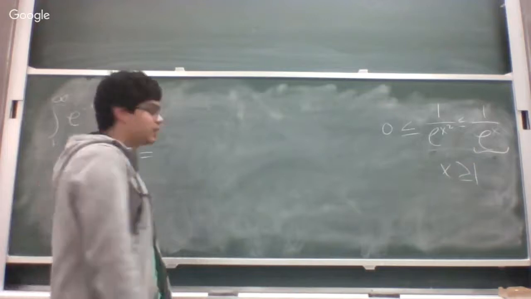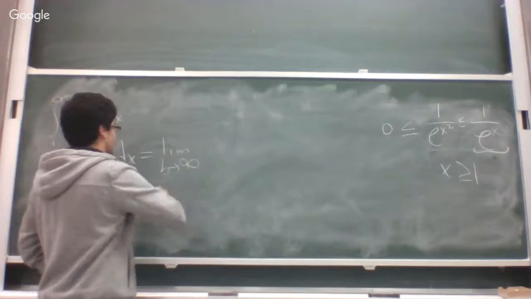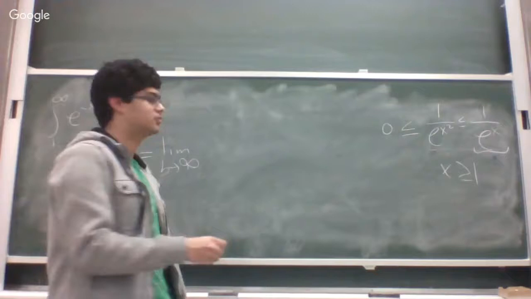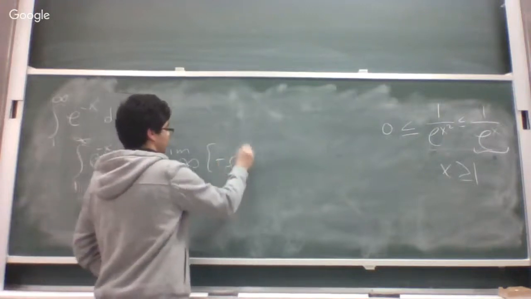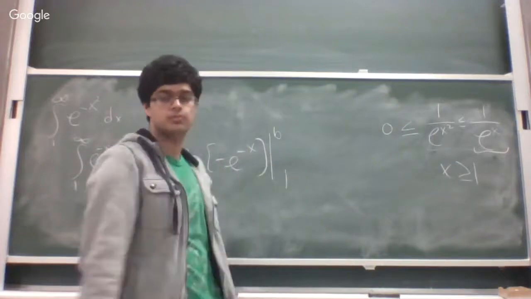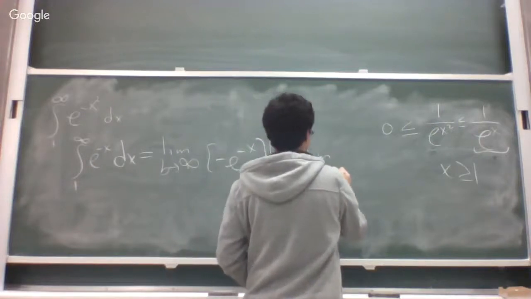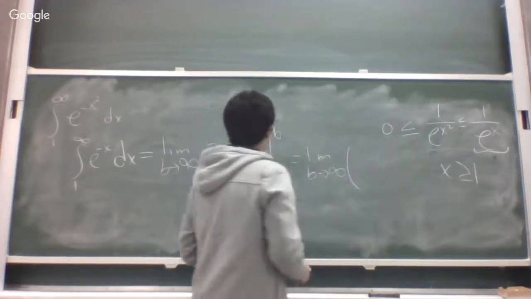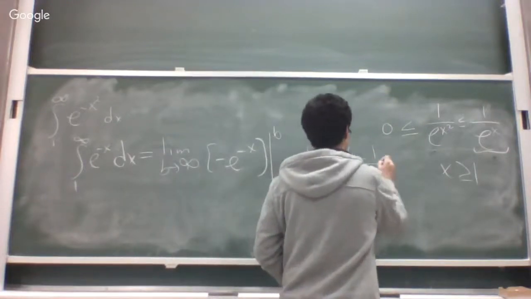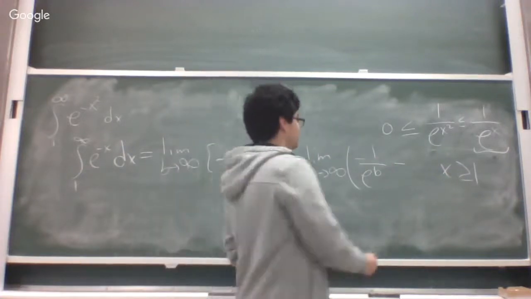That's equal to the limit as b approaches infinity. You have to remember it's improper. What's the integral of e to the minus x from 1 to b? That's equal to the limit as b approaches infinity of negative 1 over e to the b, minus, but then we add, 1 over e.